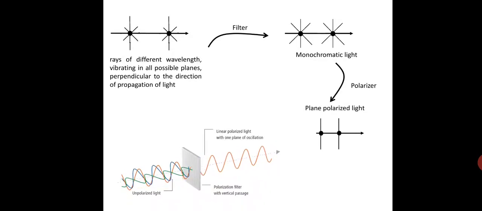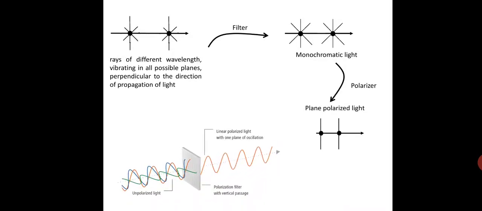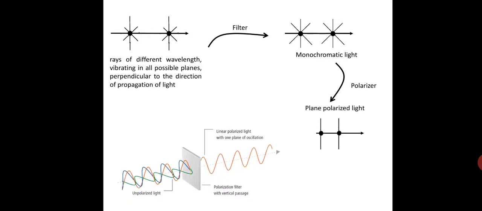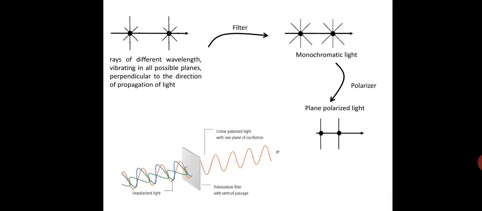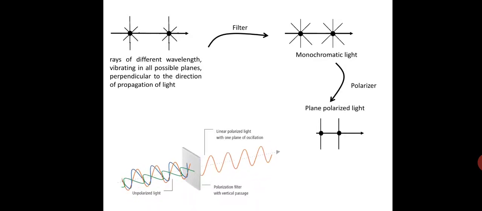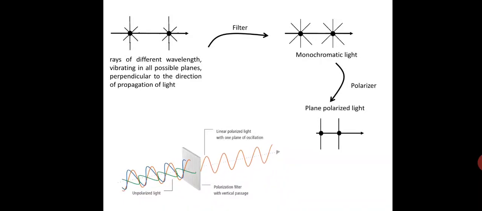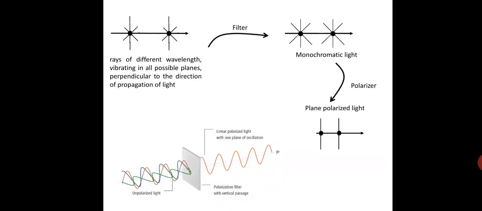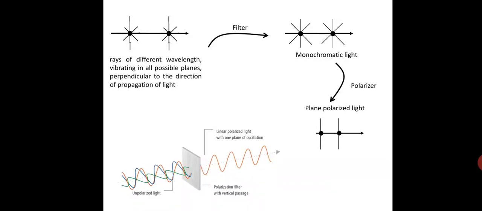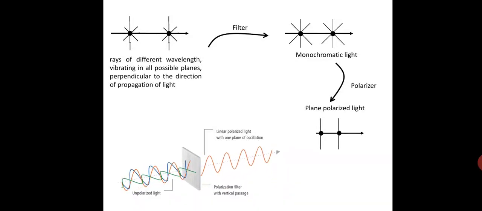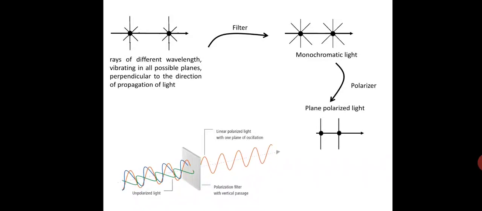A monochromatic light is a light which has a single wavelength. Usually this kind of light can be produced using various sources such as a sodium vapor lamp. They will have a single wavelength, but the waves will be vibrating in all possible planes.